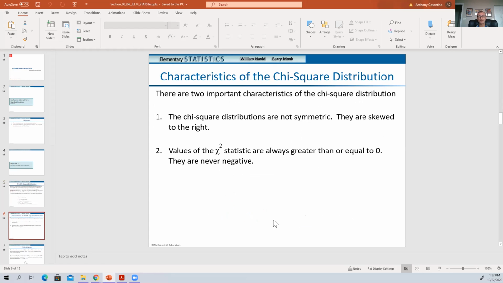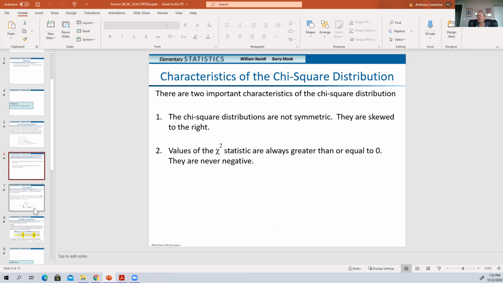So we don't have these z-scores where +1 and -1 are around the mean. And again, it's important to realize that the area underneath any one of these distributions always equals 1. Symmetric or not symmetric, it doesn't matter. That is always true. And you're always going to get a value above 0 when we do this calculation as well.